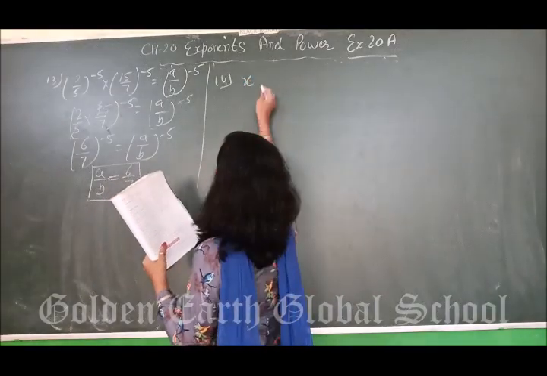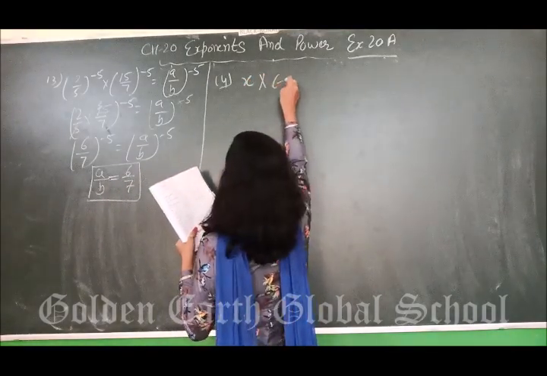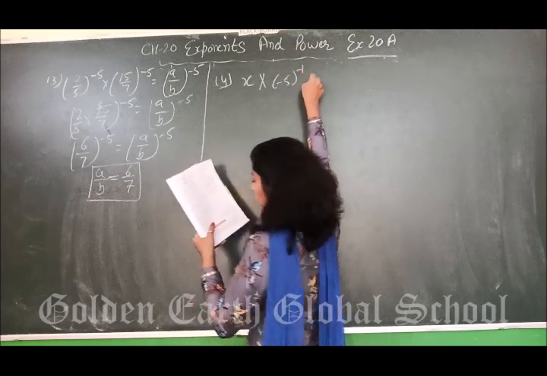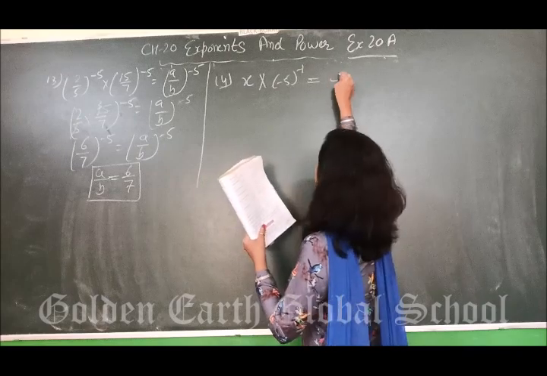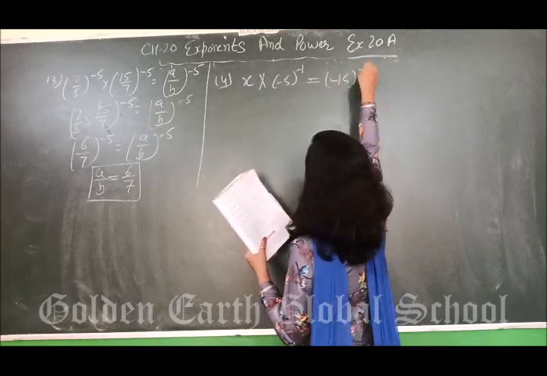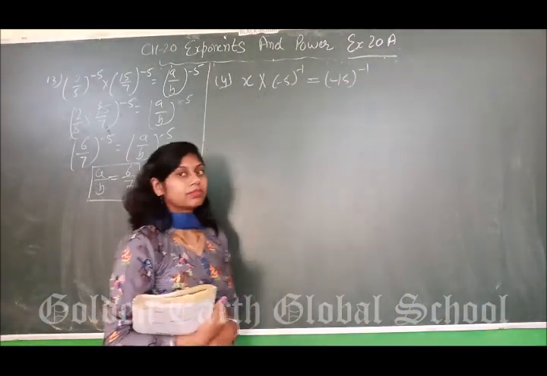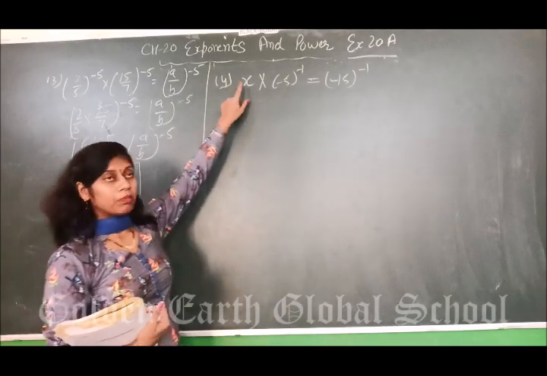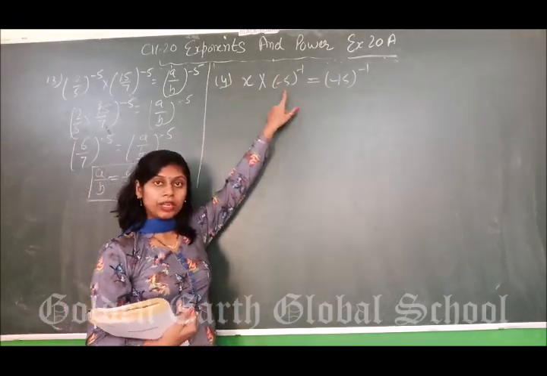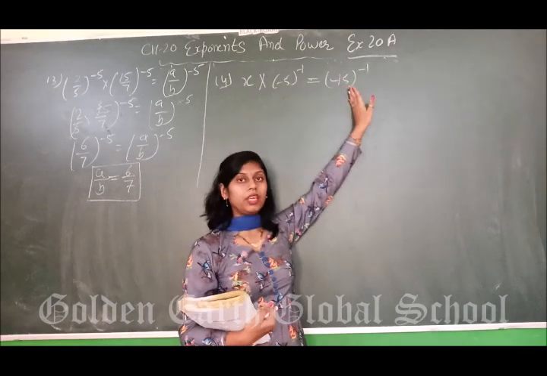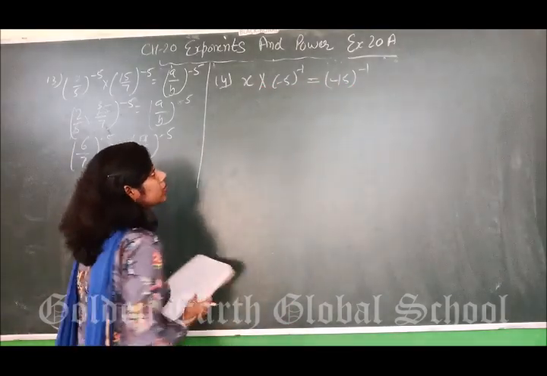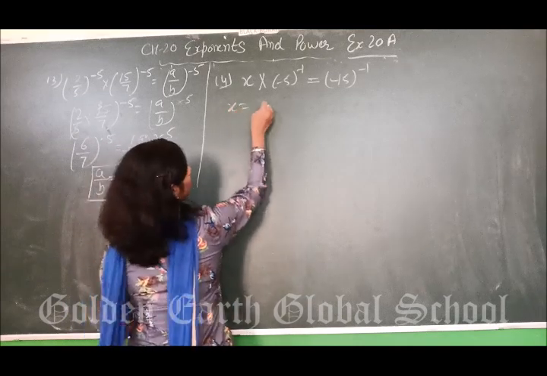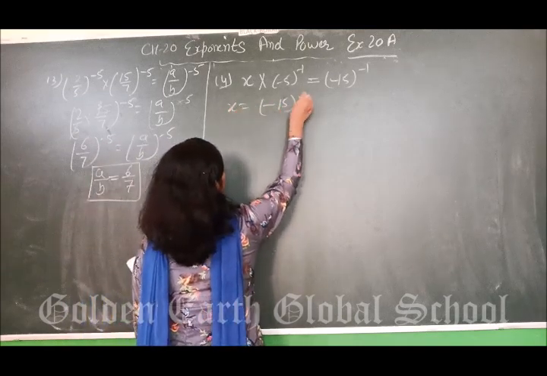This number should be multiplied with this number so that the product becomes minus 15 raised to power minus 1. We have to find the value of x. Here x is equal to minus 15 raised to power minus 1.